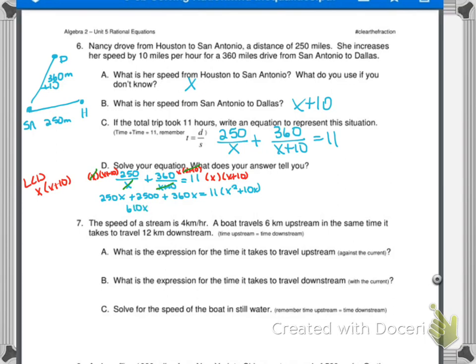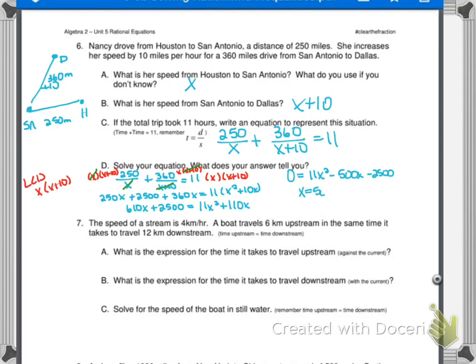So I multiplied everything at the top by 250 and 360. Did some foiling, just distributing on the right side, combining like terms. Then I get this quadratic, 11x squared minus 500x minus 2,500. And I used my calculator and graphed it.